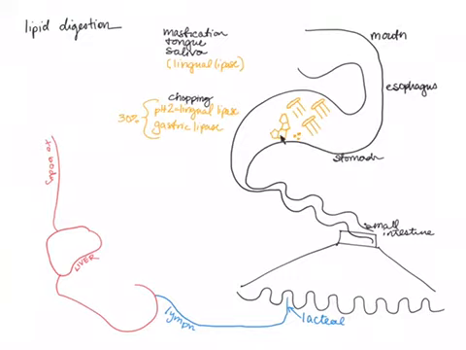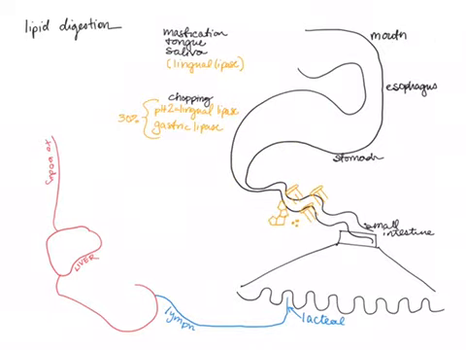They're already small enough to absorb, so we just need to move them eventually to where they're going to be absorbed, but we don't need any chemical breakdown on either of these kinds of lipid molecules, just the triglycerides.